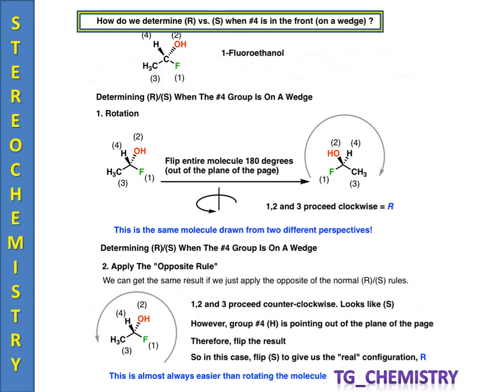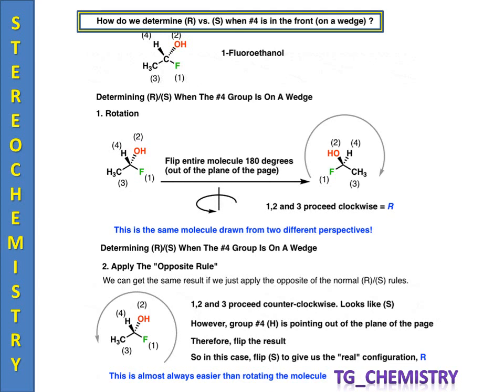So flipping the entire molecule 180 degrees leads to the same molecule drawn from 2 different perspectives. So this is one way of representing or assigning R or S.